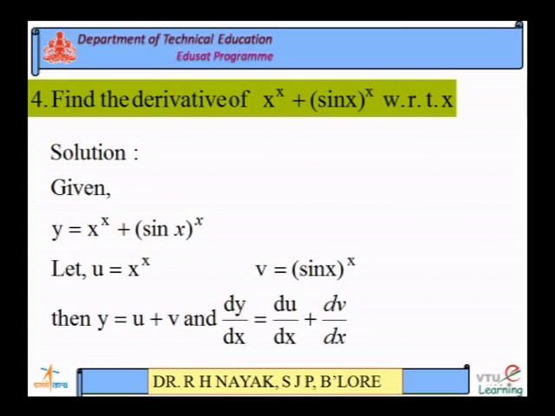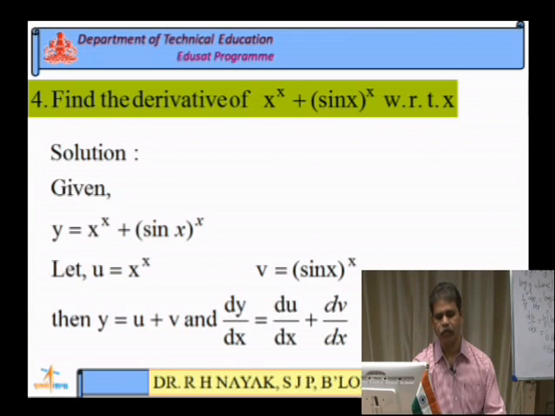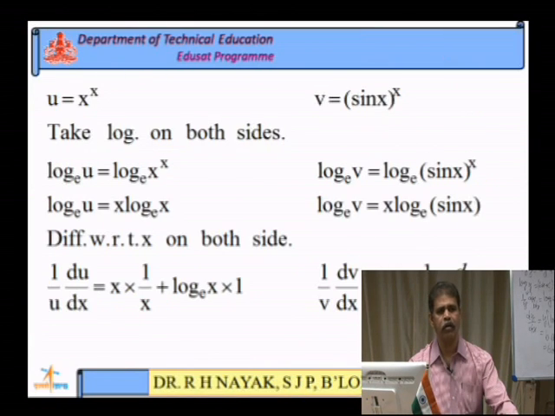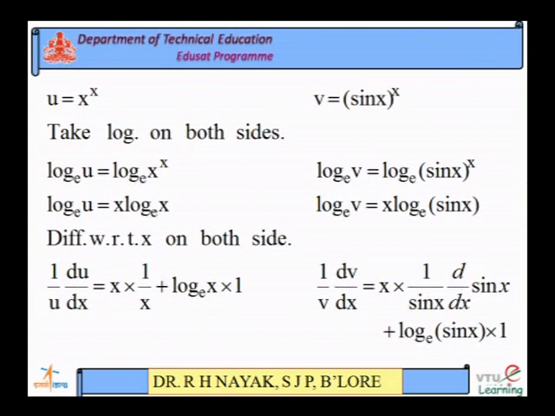Then what is u differentiation? Again we have to take y as u plus v. Finally, we will arrive dy by dx by using du by dx plus dv divided by dx. So, there you differentiate u and v separately by using logarithmic differentiation by taking log on both sides. You take u, what is u? x to the power of x. Here we have to take log on both sides, then it will become what?